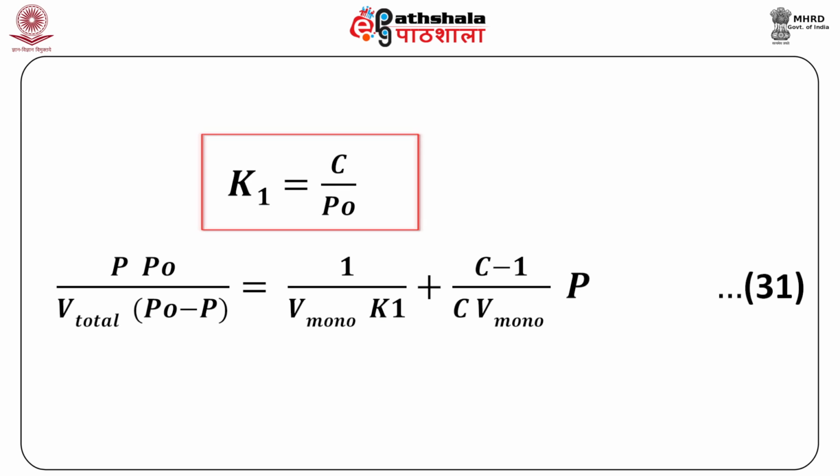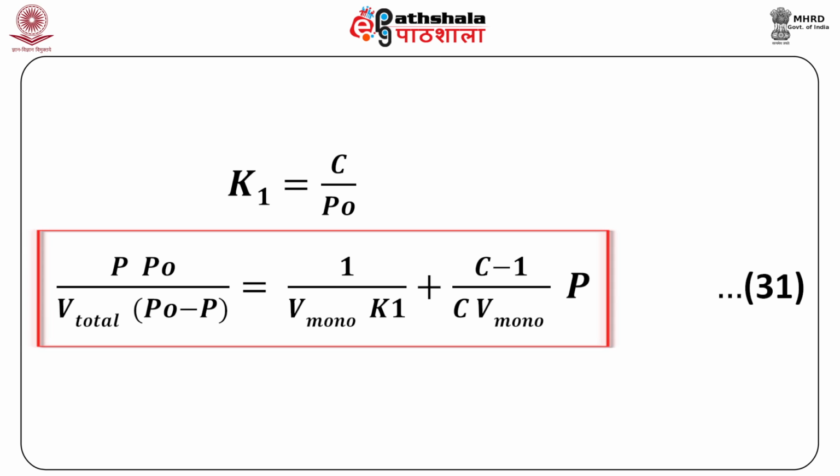Substituting this value of K1 equals C by P naught from equation 30 in equation 29, we get equation 31 as P by V total into P naught minus P equals 1 upon V mono K1 plus C minus 1 by C V mono into P.